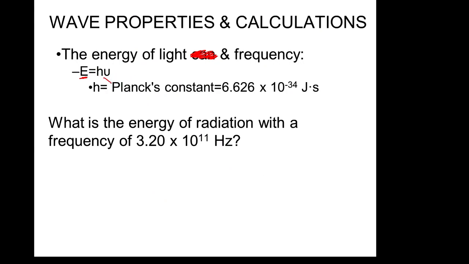Now h is defined as Planck's constant, so it's always going to be the same number. Super handy. This guy named Planck was a really important guy that helped us discover a lot of things about light, especially electrons. So he has his own constant. It's 6.626 times 10 to the minus 34th, and the units are joules times seconds.